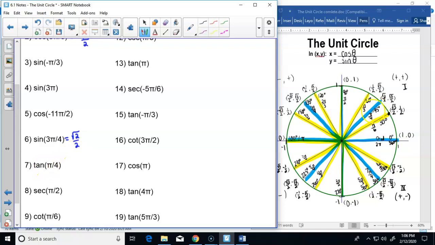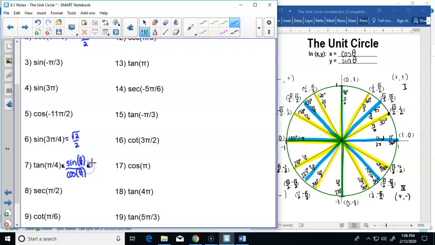All right, now let's look at the tangent of pi over 4. Pi over 4 is on the unit circle. It is right here, right? But does the unit circle give us tangent? It does not. So the reason I just showed you those other trig identities is that to do tangent of pi over 4, we're going to have to do sine of pi over 4 over cosine of pi over 4. And I do know sine and cosine from the unit circle.